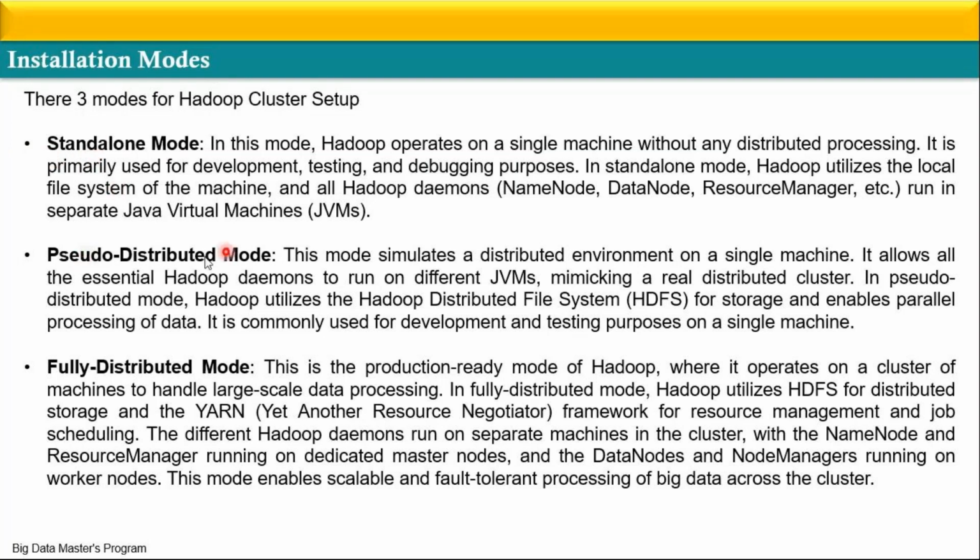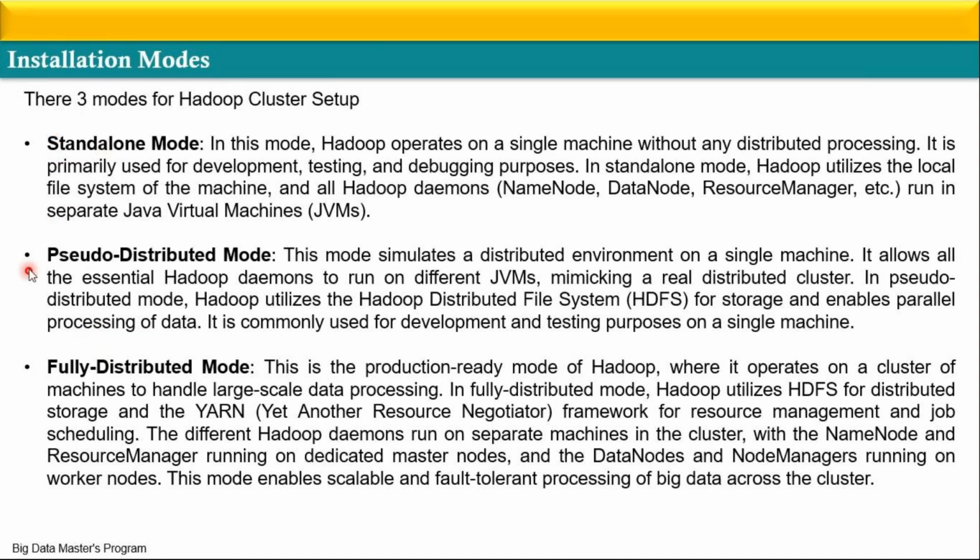Then pseudo distributed mode. In this mode, although it is working on a single machine only, it will work as a distributed mode. We will be able to take the benefit of distributed computing over here. So this is good for the learning perspective. Standalone is a single machine with no distributed computing.